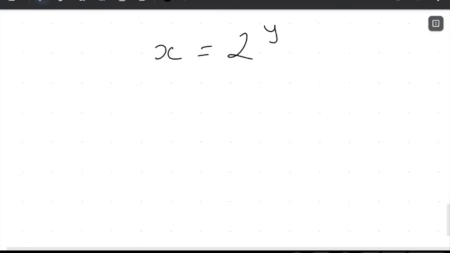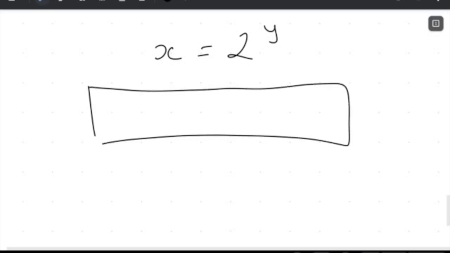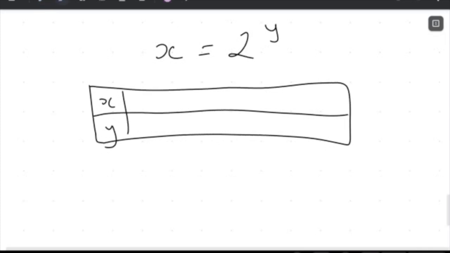Like with a lot of graphs when we don't actually know what's going on, we're going to write up a table of values. I'm going to draw this here, and we're going to try to explore what's actually going on. Because my x is the subject of the equation, let's substitute in a couple of different y values to see what x I'm going to get.